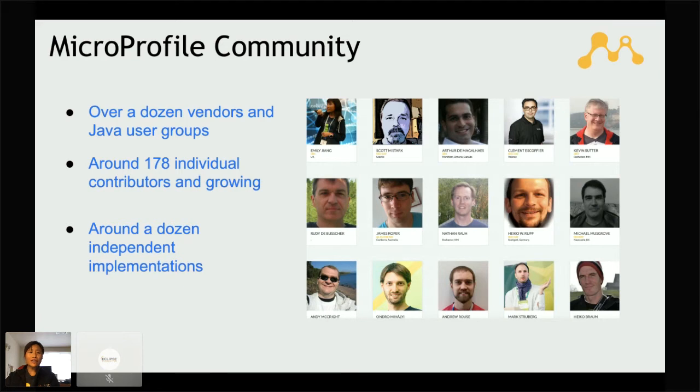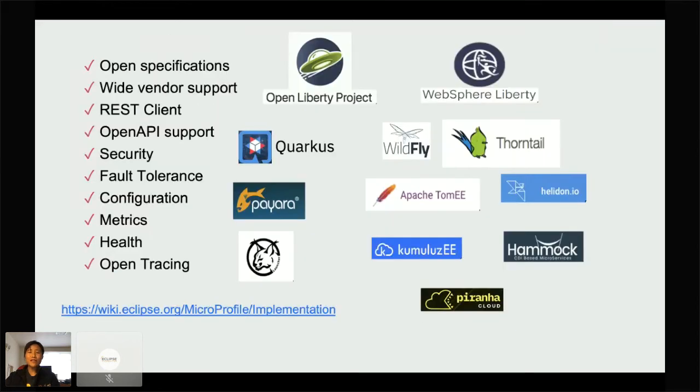Also, there are about a dozen independent implementations. Here, like was mentioned, Open Liberty, Quarkus, WildFly, and also Helidon, Payara, TomEE, and also Fujitsu has Launcher, and KumuluzEE, Hammock, and Piranha.